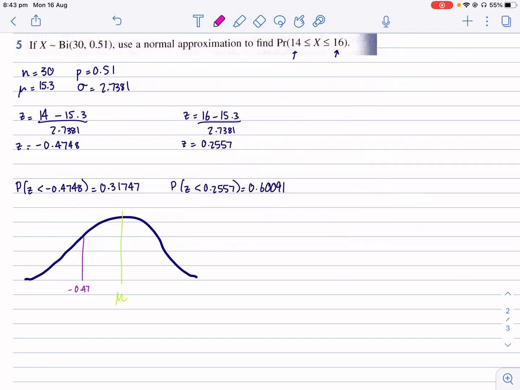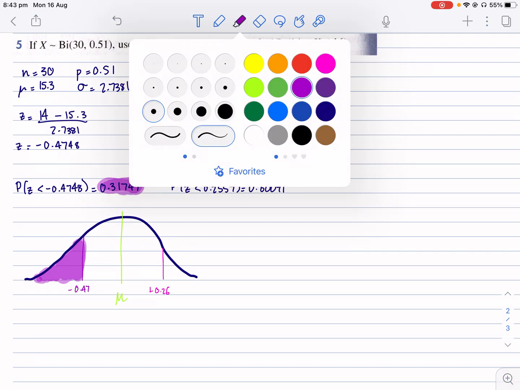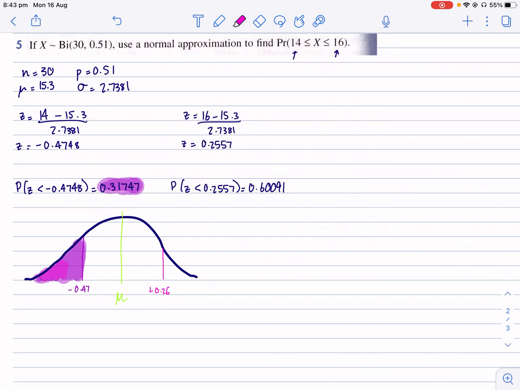And this is where the other one goes, positive 0.26. Now, this is this probability all the way over from the left.